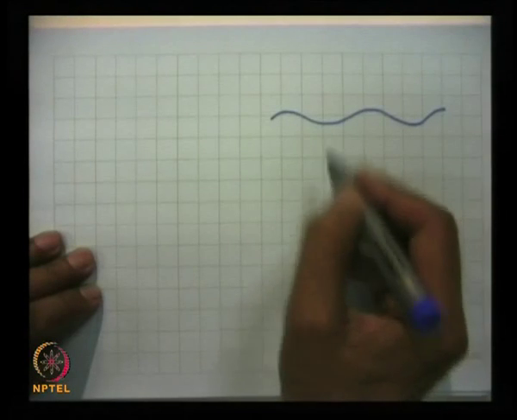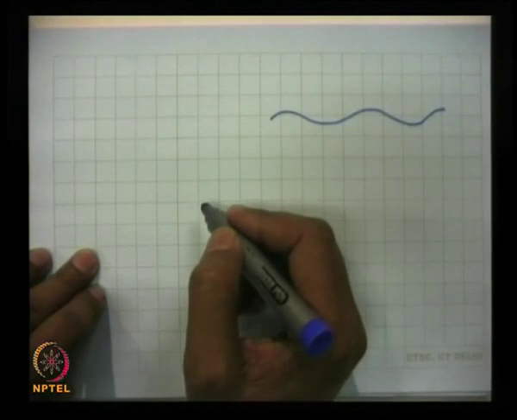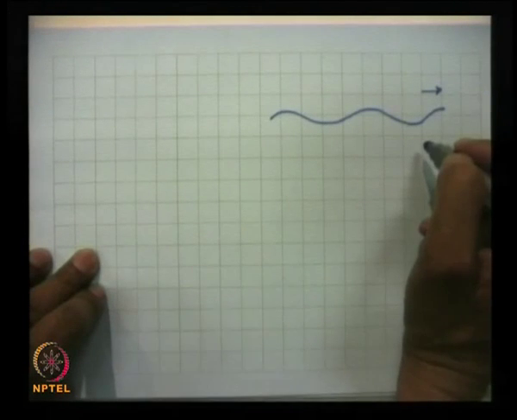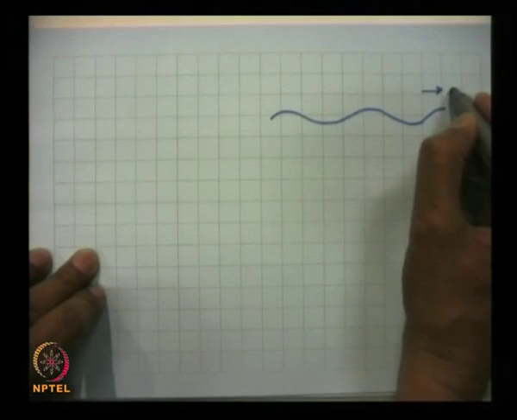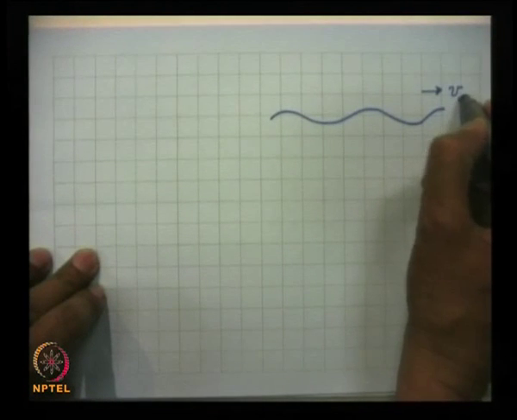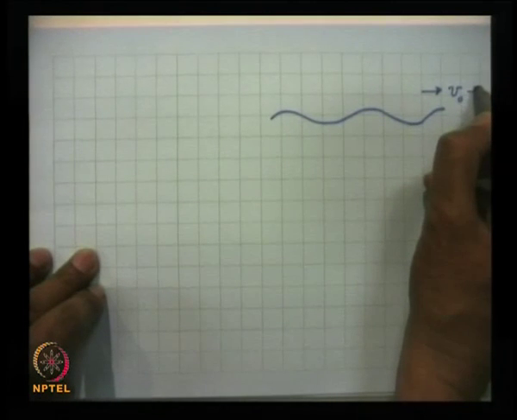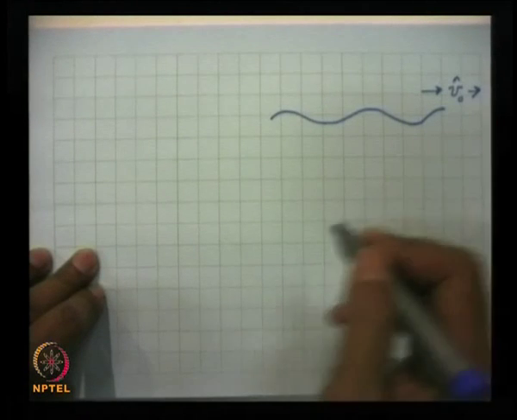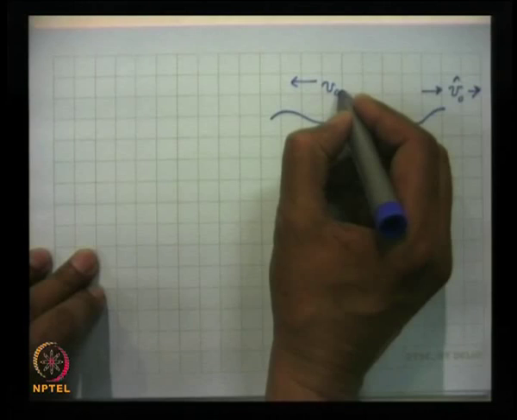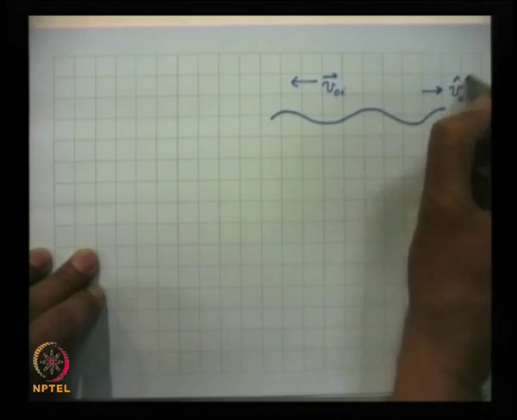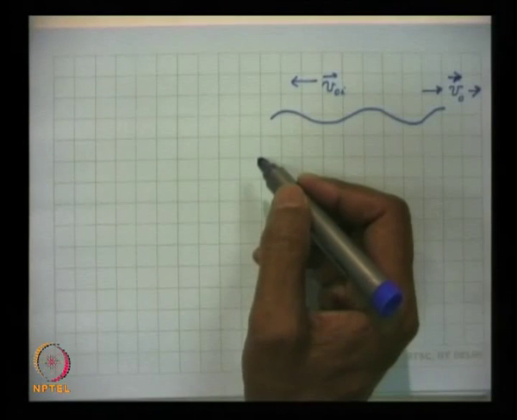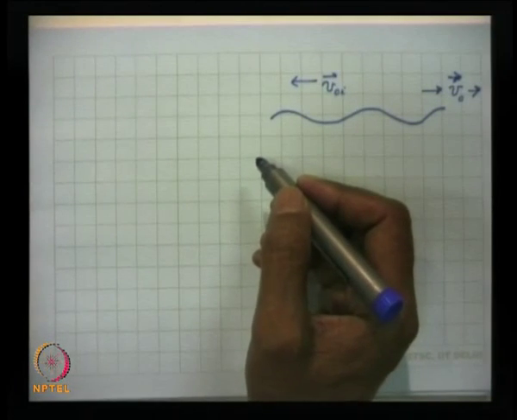This is vacuum here and plasma there. Please note, electrons are travelling in this direction. This is the x axis direction. So this is V0 of the electrons, and ions are travelling in the opposite direction, V0I. Sorry, the arrow is here. So ions are travelling in this direction and the magnetic field is in the z direction.